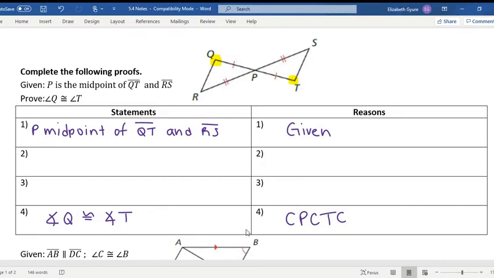I'm trying to prove that corresponding parts of congruent triangles are congruent. But to use this, I have to have congruent triangles. So I actually have another freebie. If I'm going to do this, then the step right above it, I need to be able to say that these two triangles are congruent.